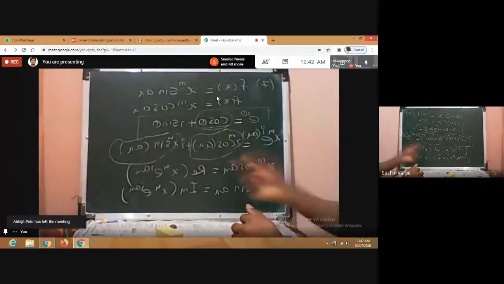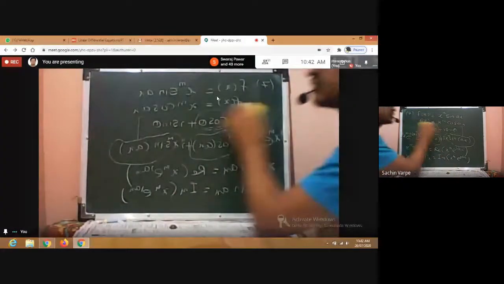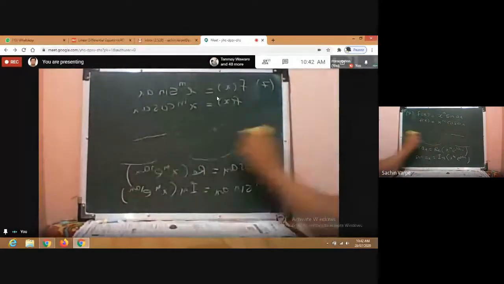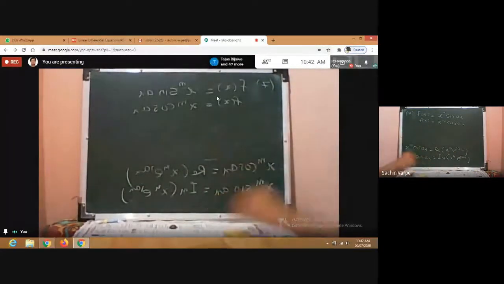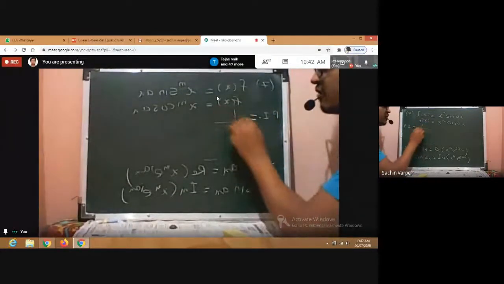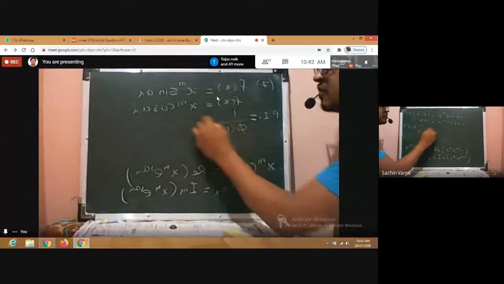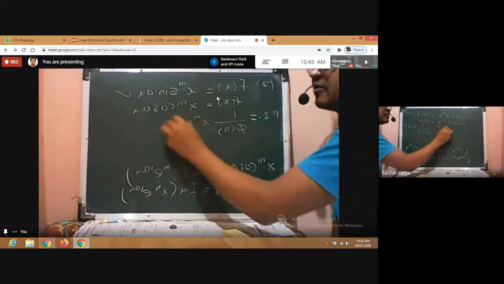All right. So with this now, I'm going to write the formulas for shortcut formulas for particular integral. So first formula I'm writing, that is P.I. is equal to 1 upon phi of D, let us say x raised to m sin ax.